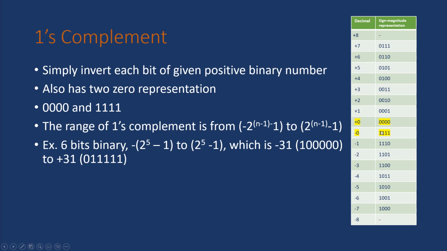Using ones complement, simply invert each bit, so 0 inverts to 1, 1, 1, 1, and that represents negative 0. The rest of the numbers are easy to understand. For example, this last bit is 1, inverted to 0, and the rest of these 3 bits are 0, inverted to 1.